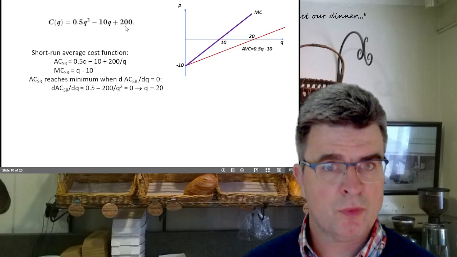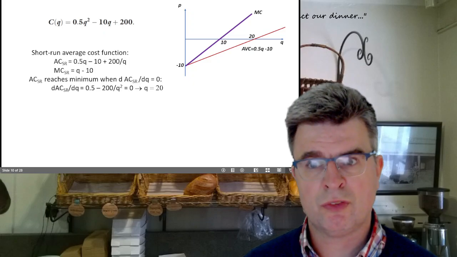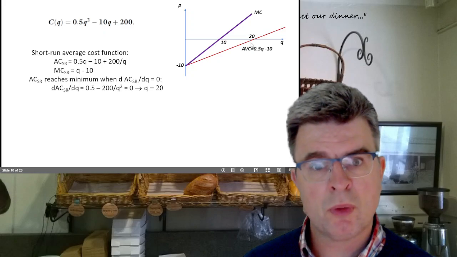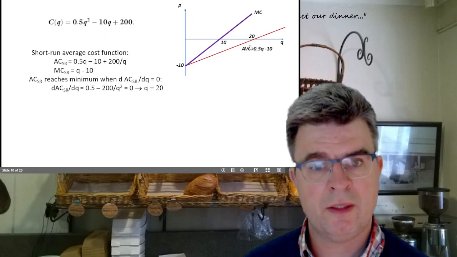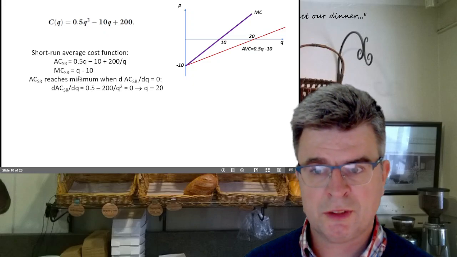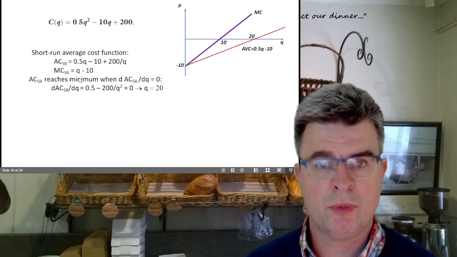So the firm is just able to recoup the fixed cost of 200, and the average variable cost at this quantity of 20 are identical to 0. And the marginal cost is equal to 10, which it should be, because it should be equal to the market price.